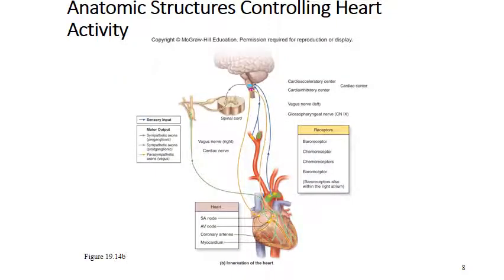So we can see here just an example of how it's innervating the heart, so through the vagus nerve, and then also right into connecting with the SA node, the AV node right here, and then into the coronary arteries and the myocardium.